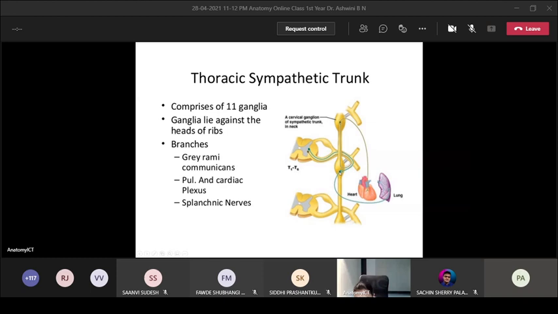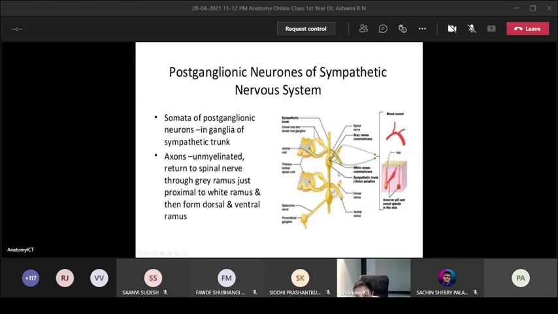Then the postganglionic fibers pass through the grey rami communicans, and later through the ventral ramus or the dorsal ramus of the spinal nerve to supply the target organ.